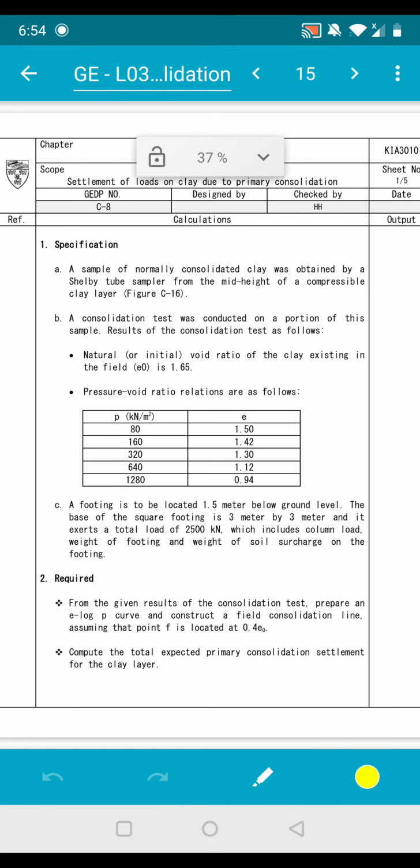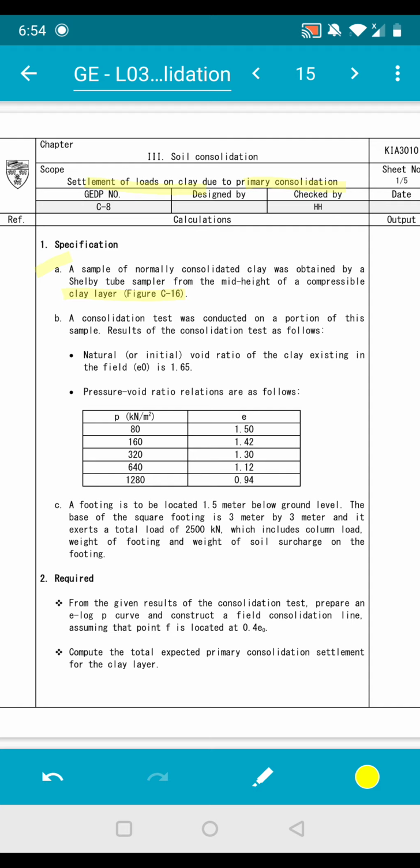Let's move forward. This is problem number 8. Under the scope of settlement of clay loads on clay due to primary consolidation. The specification as follows. A sample of normally consolidated clay was obtained by a Shelby tube. So this is one of the tube sample.